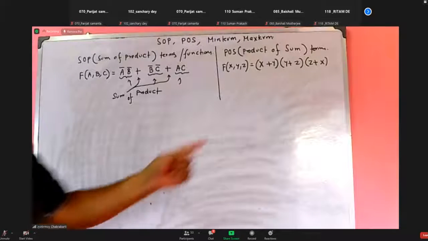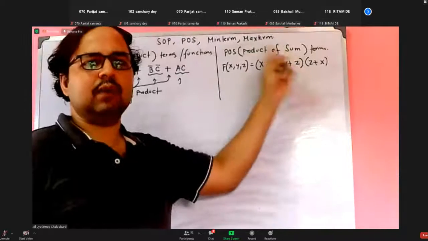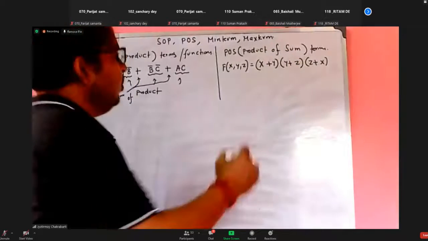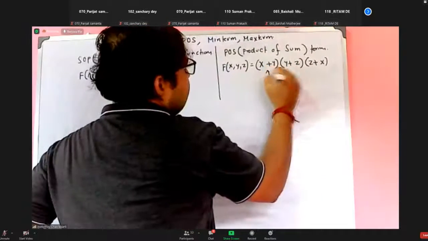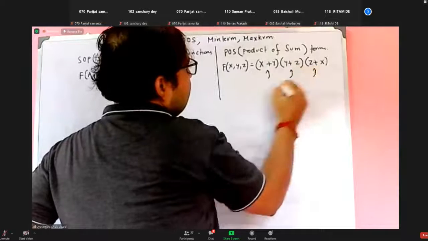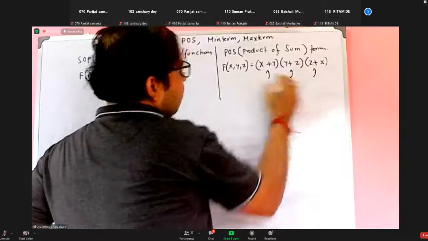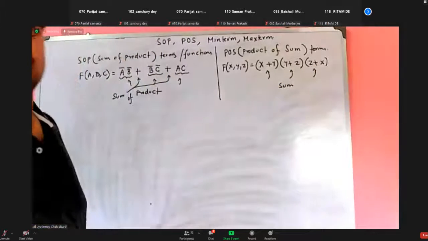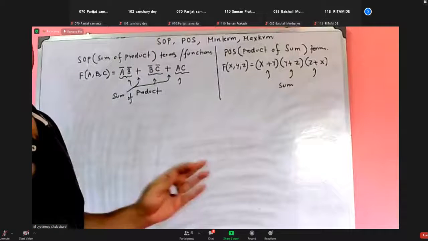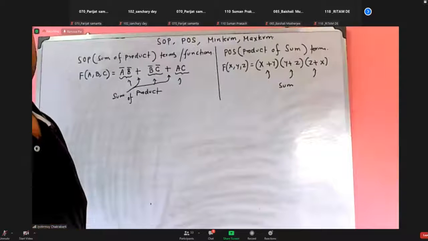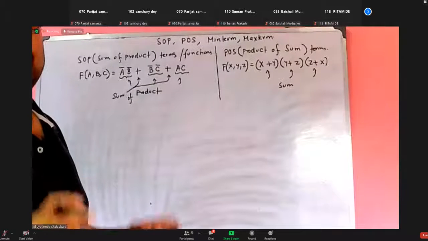So also you read from this side, so these terms are sum terms. And these sum terms are in a product form. That is, we are taking the product of these sum terms.